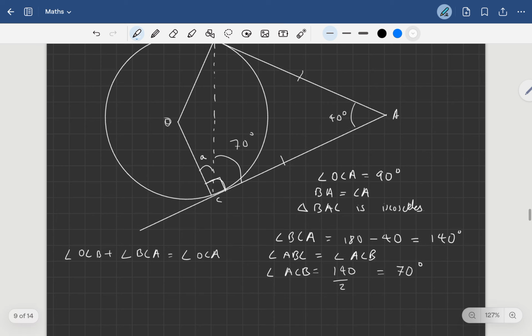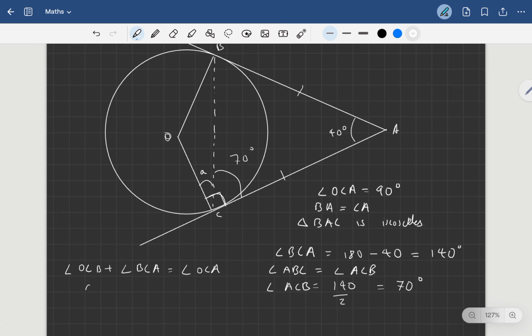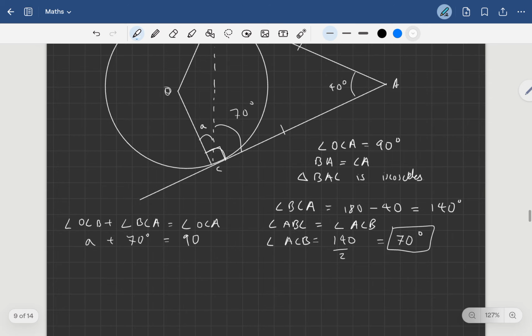OCB is angle A, plus angle BCA, which is 70 degrees, as we worked out over here. And we know that angle OCA is 90 degrees. Now we can rearrange this to get A is equal to 90 minus 70, which is 20 degrees. Okay? So 20 degrees is the answer to this question.